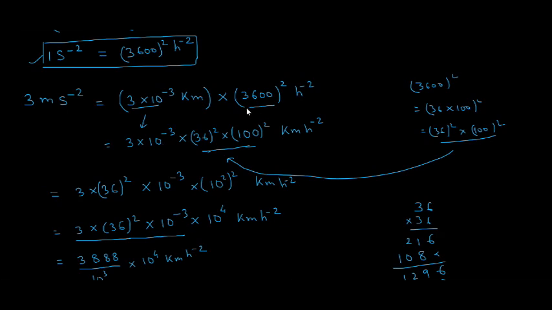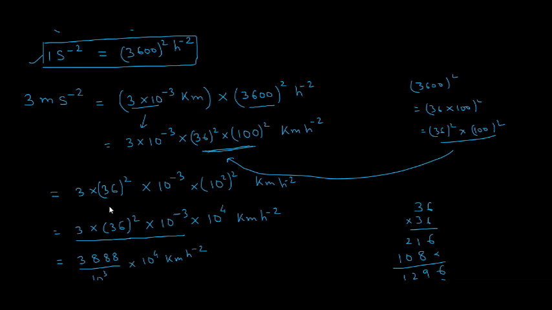Now we have multiplied it with this, then we get 3 into 10 to the power minus 3, 36 square multiplied by 100 square kilometer h to the power minus 2. So what we have done here, 3600 square we have written in this way. Why? 3600 square is 36 into 100 whole square, 36 square multiplied by 100 square. So we have written this.